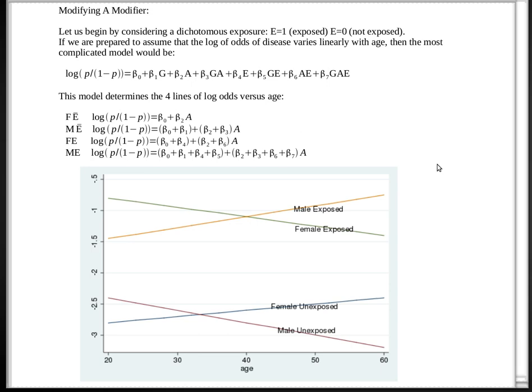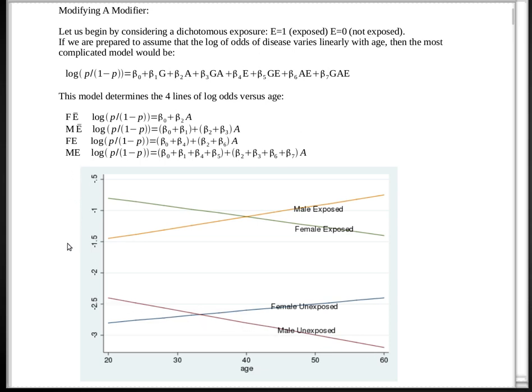Let's first look at the men. The men are displayed here with two lines: the men subject to exposure and the men who are not subject to the exposure. And we have a yellow line with this display for the exposed men and a red line for the unexposed men.